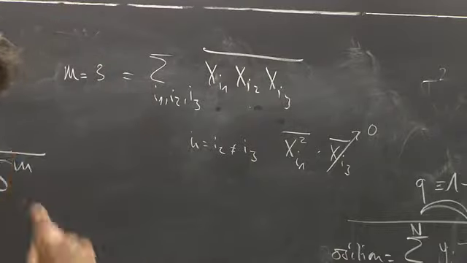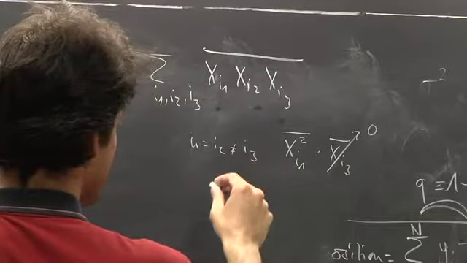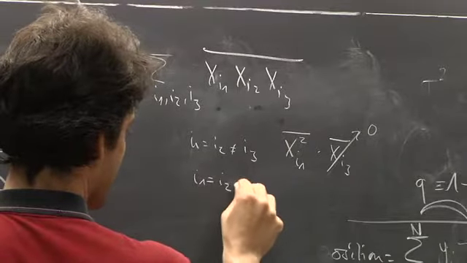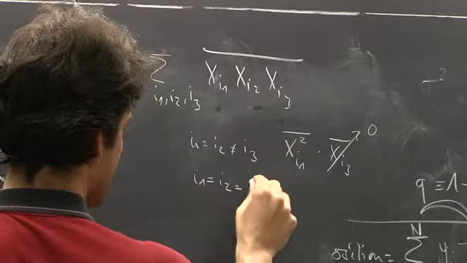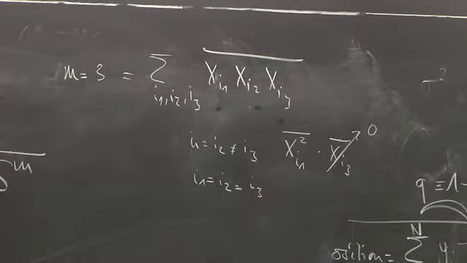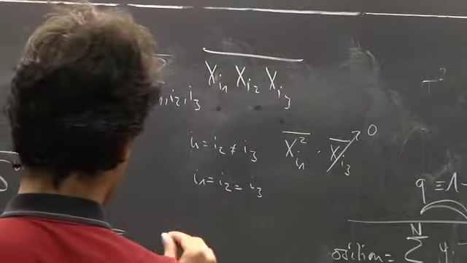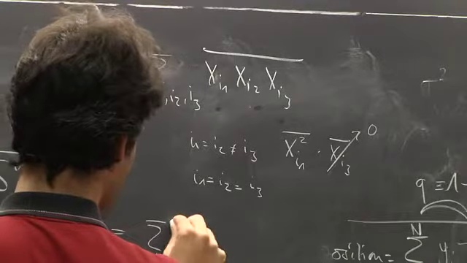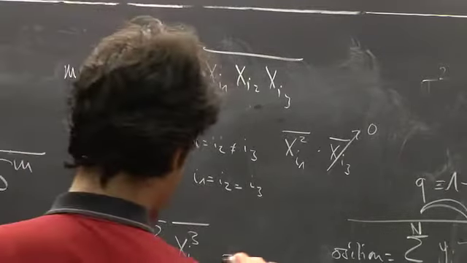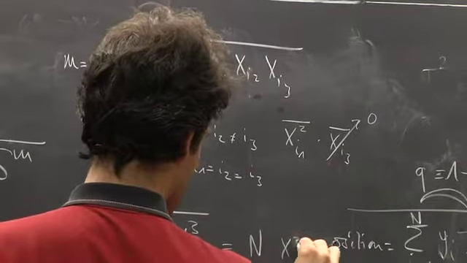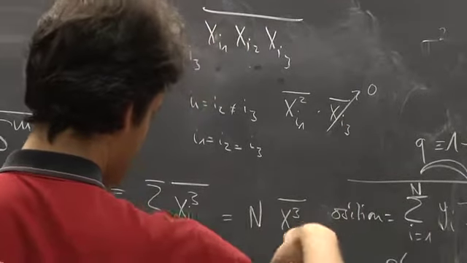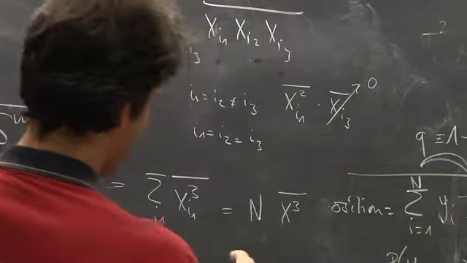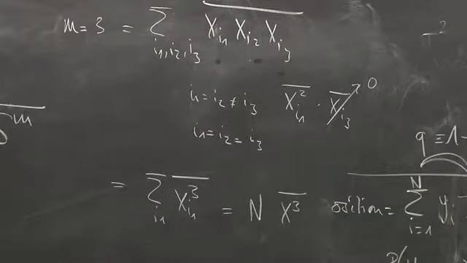So the only term that will be non-zero is when all the indices are equal. This is going to be the sum over I1 of xi1 cubed average, which is n times the x cubed expectation value if you have identical variables.